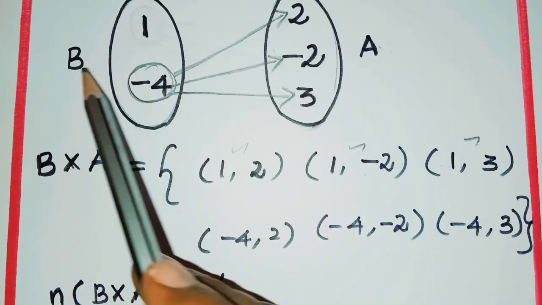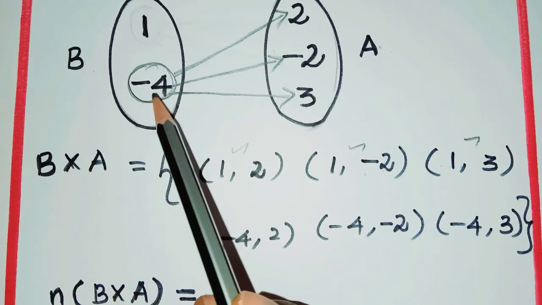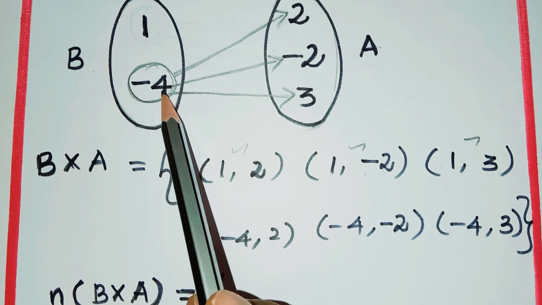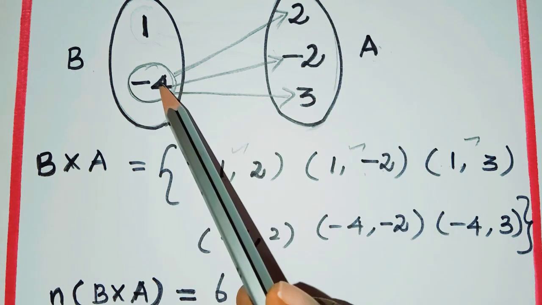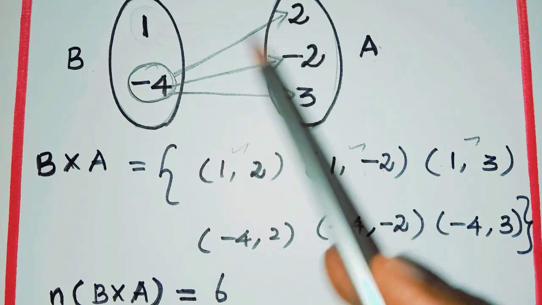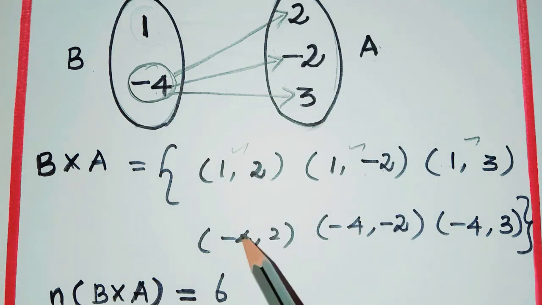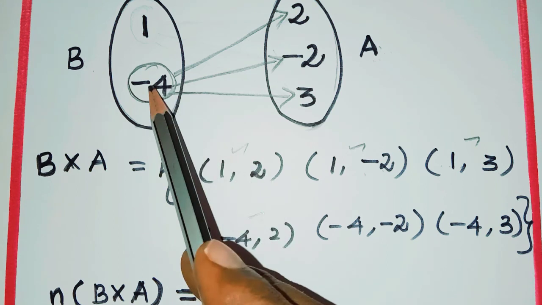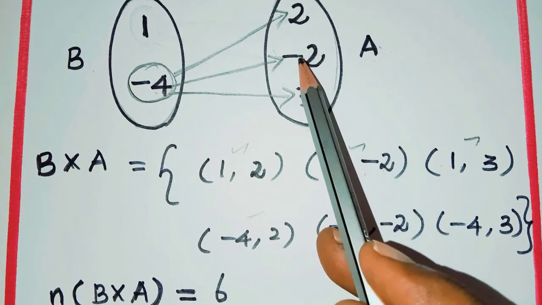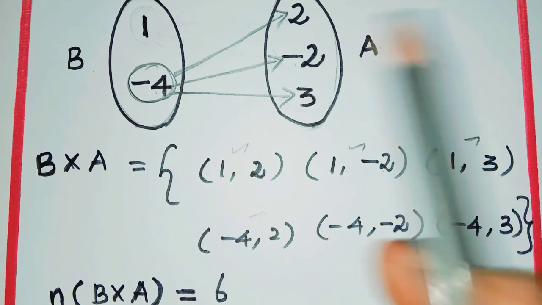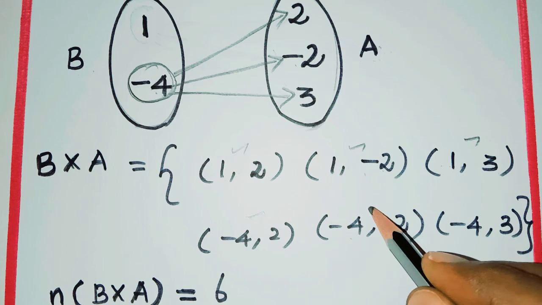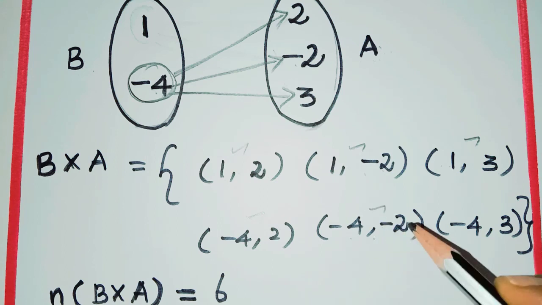Next, the second element of B is minus 4. Minus 4 is paired with the 3 elements of A. First, minus 4 paired with 2: minus 4 comma 2. Minus 4 comma 2 is the first ordered pair. Next, minus 4 is paired with the second element, minus 2: minus 4 comma minus 2 is the second ordered pair.